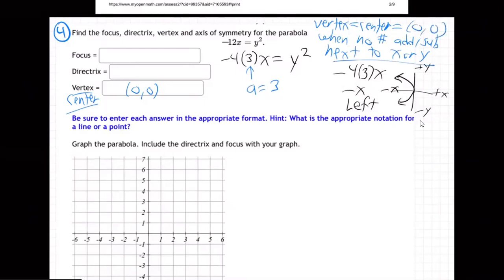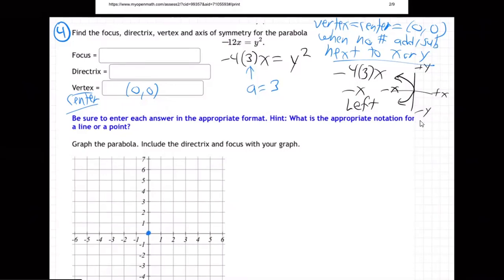They're multiplied. We have negative 12 multiplied, or same thing here, negative 4 times 3 times x. Those are multiplied numbers. They don't move the center. Only numbers added or subtracted next to x or y move the center. So our center is 0, 0. Let's put that on there. There it is, center 0, 0.